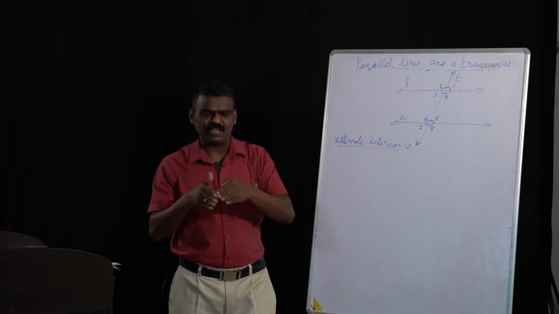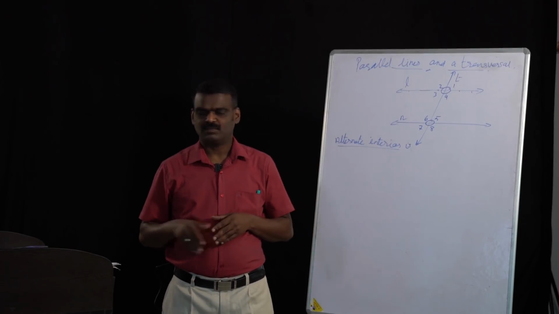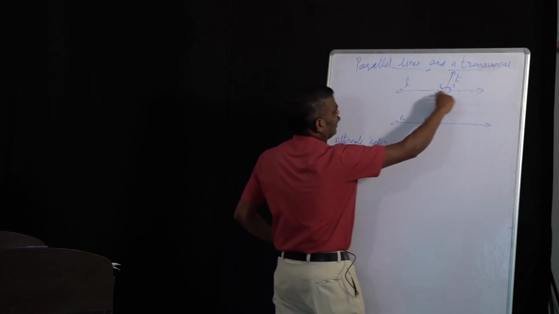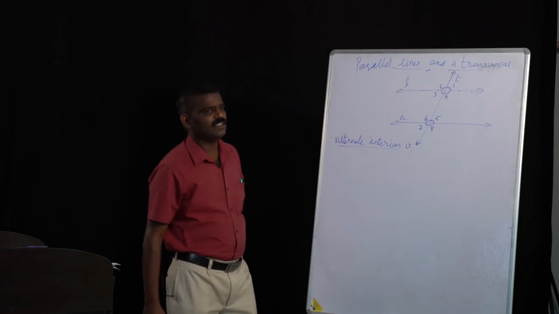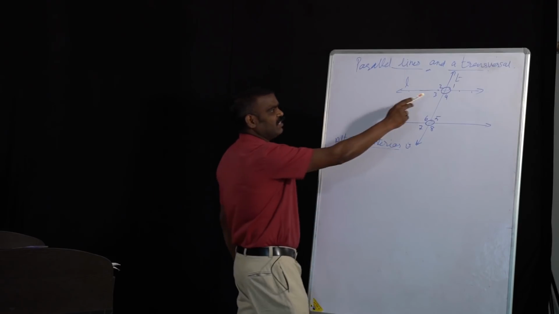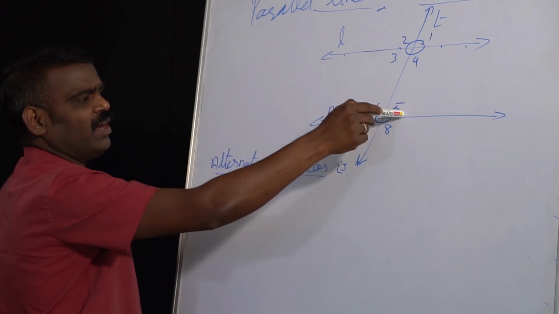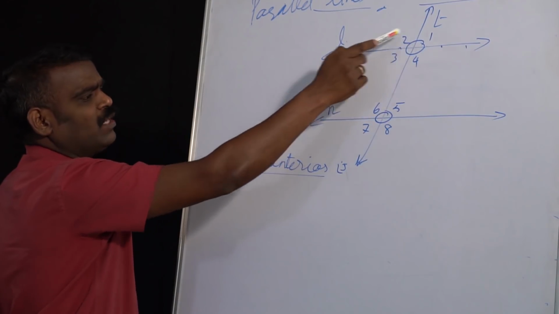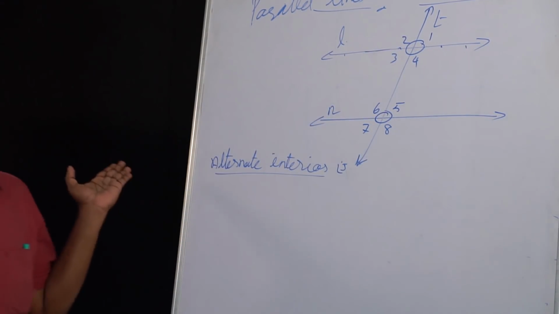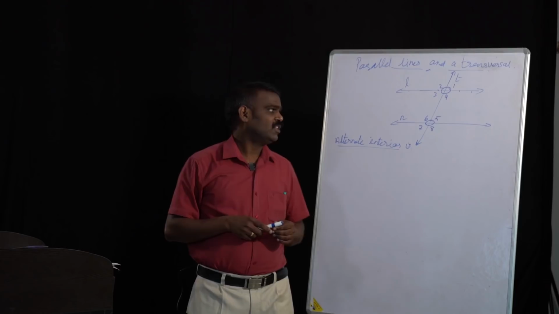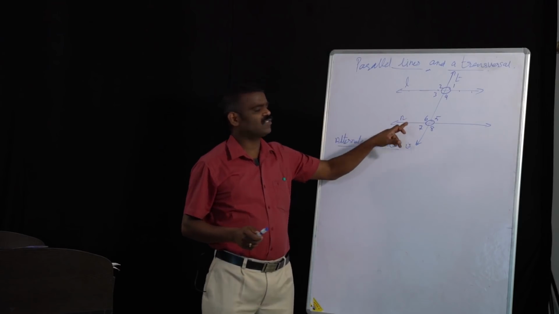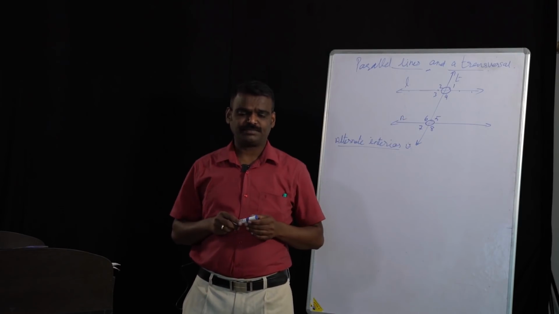Interior, inside. Inside the parallel lines. What are the angles inside the parallel lines? Angle 3 is inside, 4, 5, 6. These are inside. 1, 2, 7, 8 are outside, exterior of the parallel lines. So angles 3, 4, 5, 6 are inside the parallel lines.